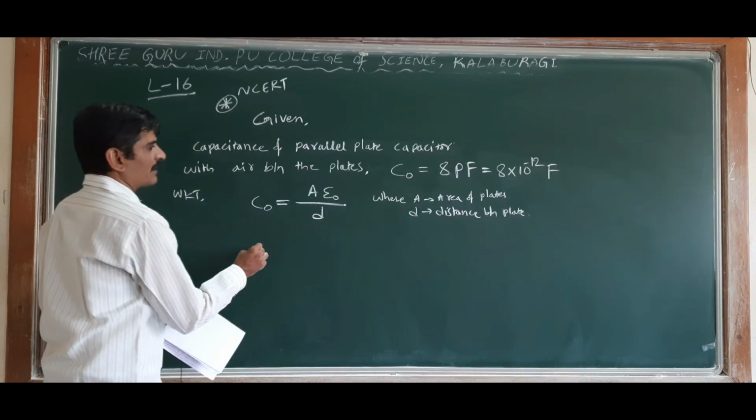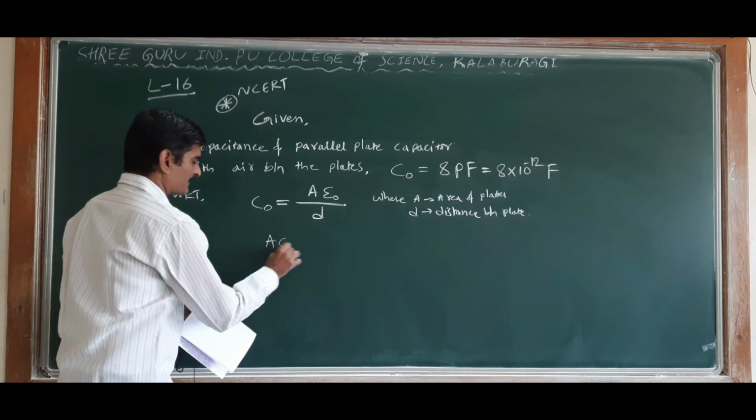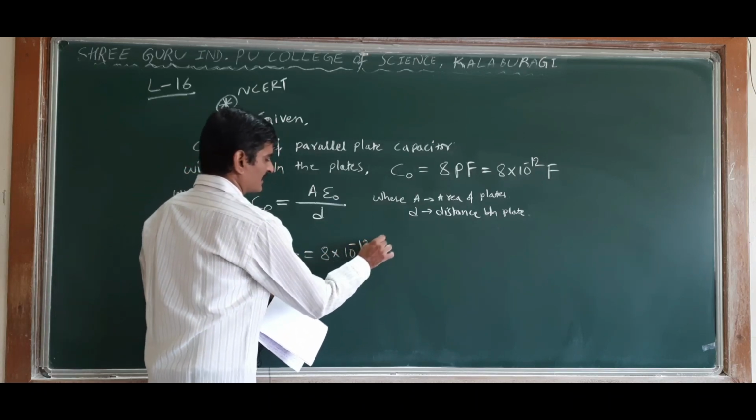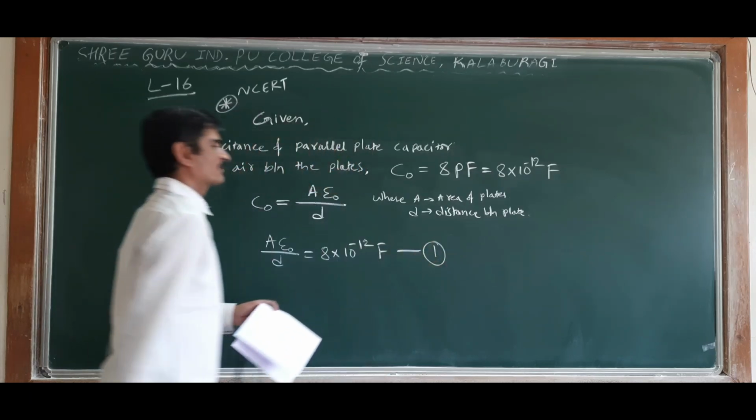This value they have given as A epsilon naught divided by D is equal to 8 into 10 to the power minus 12 farad. Call this equation number 1.